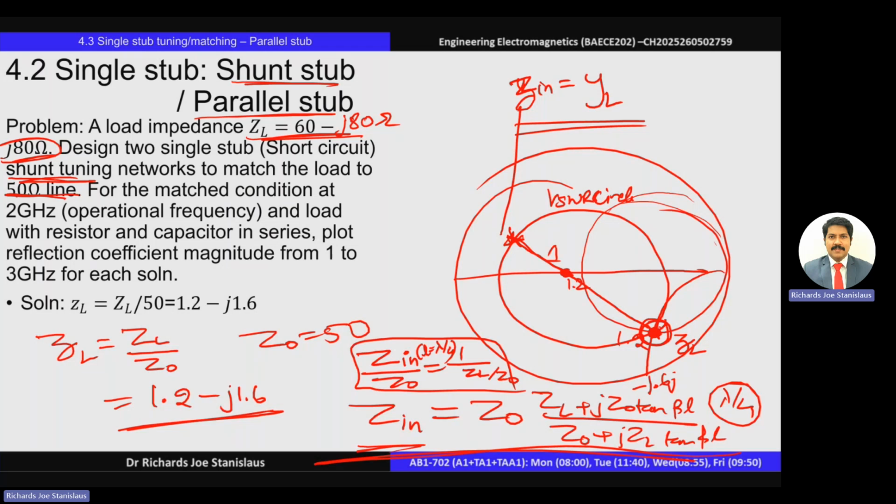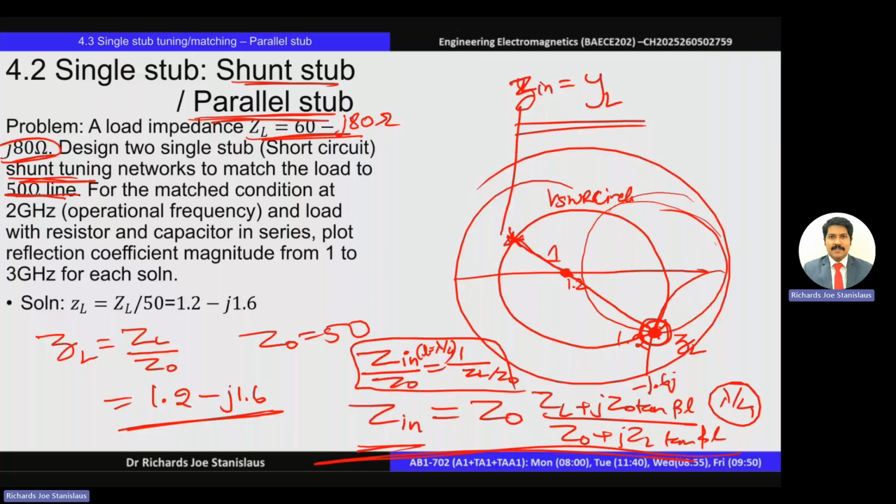Since we are dealing with a parallel stub, we will mark all the values in terms of admittances. Once you convert the load impedance to the load admittance using this step, the complete Smith chart represents only admittance values.